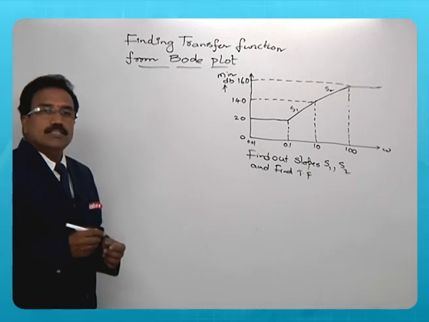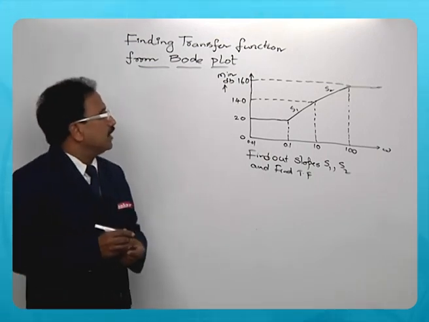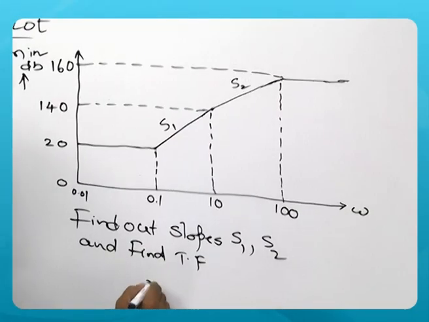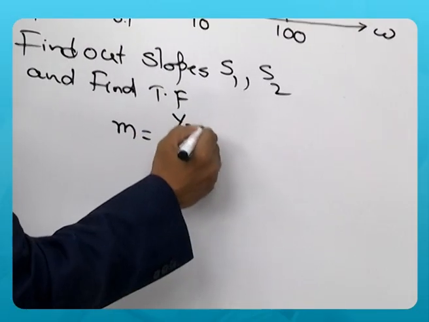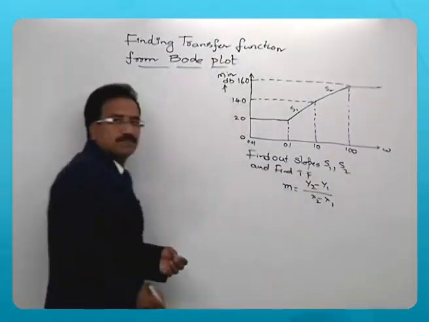There is an expression which gives the relation between y coordinates, x coordinates and slope. A general formula: the slope m is given by y2 minus y1 by x2 minus x1.